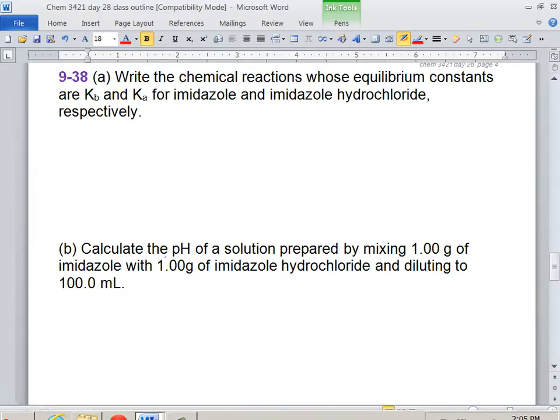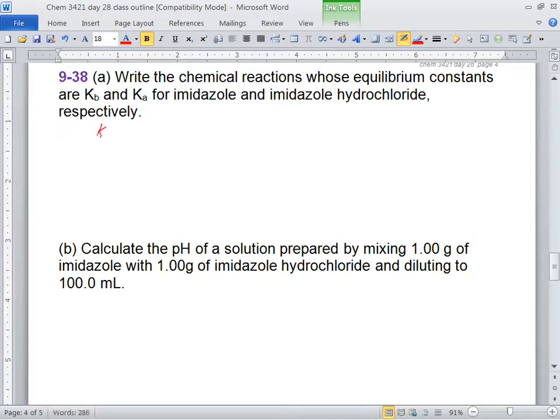Well, let's back up. Let's make sure you see the big picture first. When they say write a Kb reaction, it better be of what form? How did we write our Kb reactions? How do we generally write them?